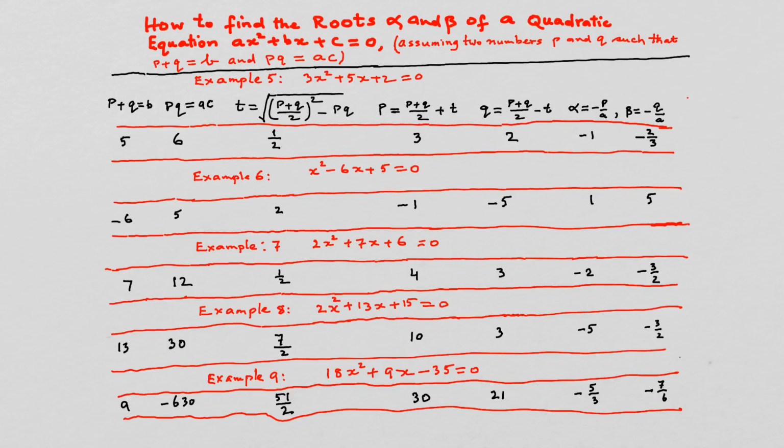Here we take the next problem and follow the same procedure. We find p plus q as b, equal to 5, and p into q as a into c, which is 3 into 2, 6, written down here. T is calculated from this and this. In this expression, we get the value of t as this.